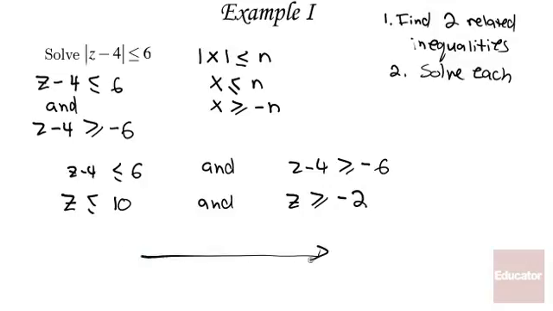Representing this on the number line to visualize it. I have to meet both of these criteria. z must be greater than or equal to negative 2, and it must also be less than or equal to 10.